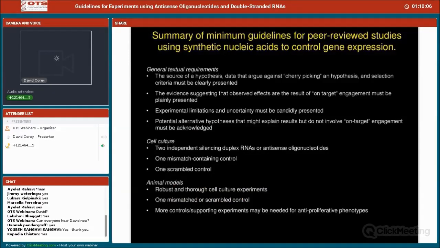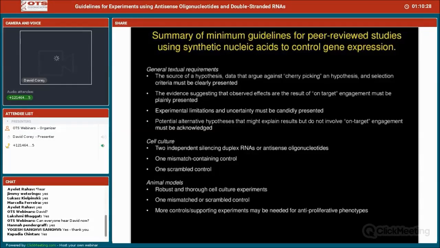For animal experiments, the cell culture experiments need to be shown to be robust and thorough. That should be demonstrated. There should be one mismatched and one scrambled control, or one scrambled control used. More controls might be necessary to demonstrate an antiproliferative phenotype.